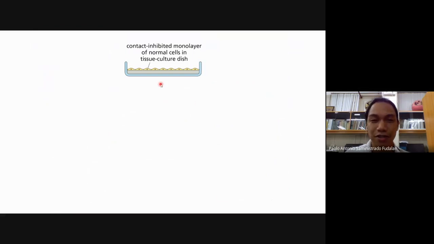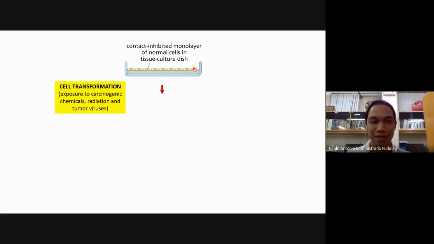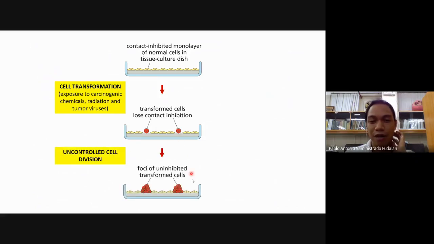So here's an illustration of normal cells grown in a Petri dish. Normal cells, once the Petri dish is full, will stop growing. Okay? But if cells are mutated, their genes are mutated and they become cancer cells, they will divide continuously to the point that they will be on top of each other.